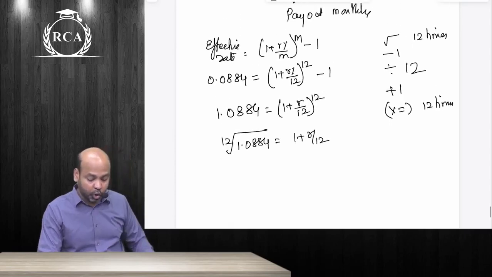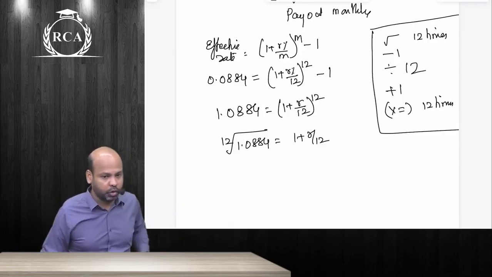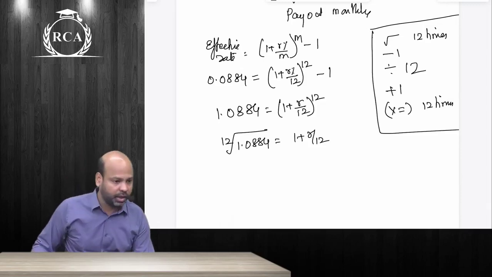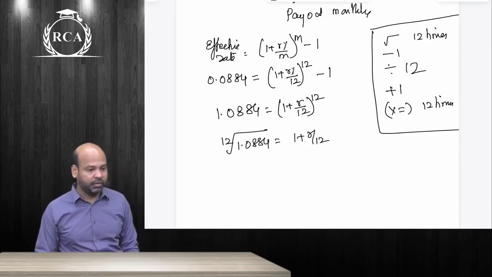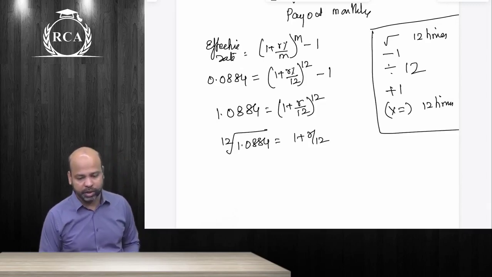How will you compute the 12th root of 1.0884? By doing this. You press square root 12 times, then you write minus 1 divided by 12 plus 1, and that into equal to combination, beta, 12 times.